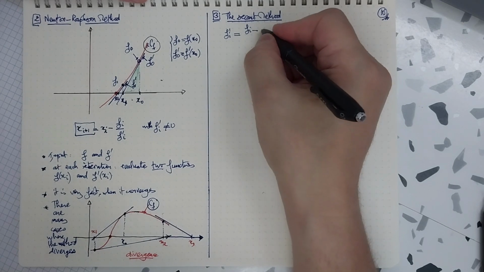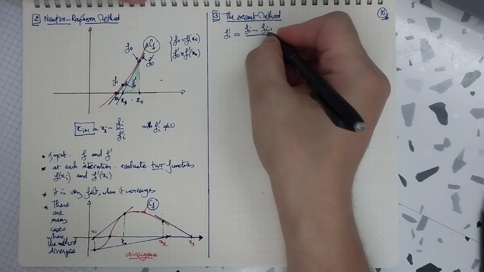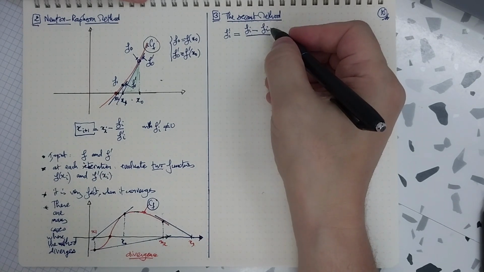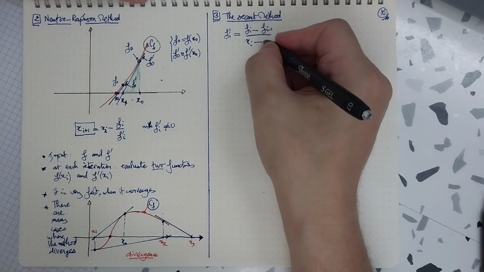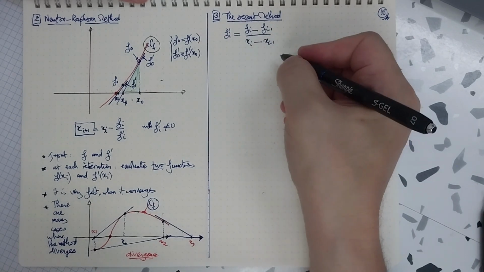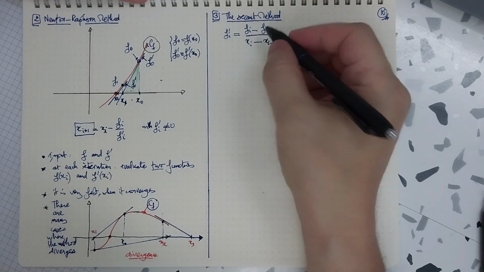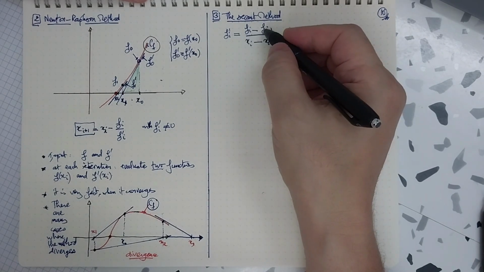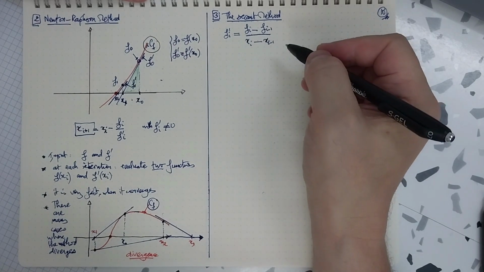f_i minus f_{i-1}, the image of the current and the previous point, over x_i minus x_{i-1}. So the tangent is replaced by the relative variation of the image with respect to the distance between the 2 points.